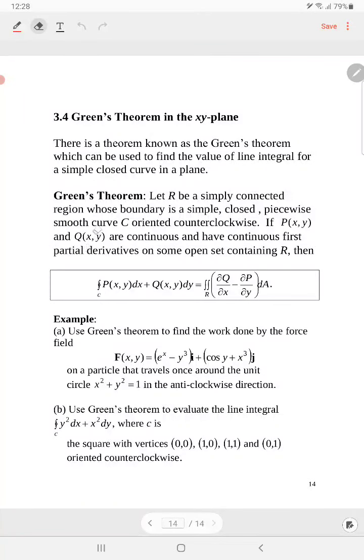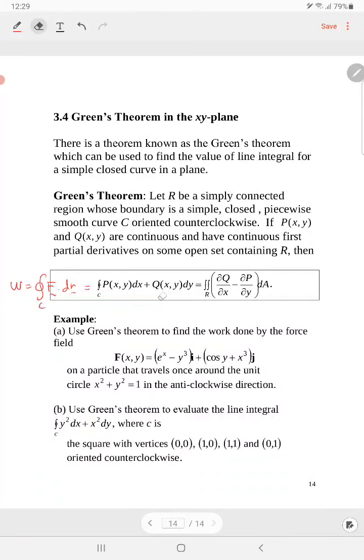If P(x,y) and Q(x,y) are the components of vector field F, and if P and Q are continuous and have continuous first partial derivatives on some open set containing R, then, here we have, this is really F dot dr. This is really work, which is equal to F dot dr over closed curve C. So work is equal to F dot dr, and if we simplify this, what we get is P(x,y) dx plus Q(x,y) dy, because F is a vector field on the XY plane, so it has an x component, which is P, and a y component, which is Q.